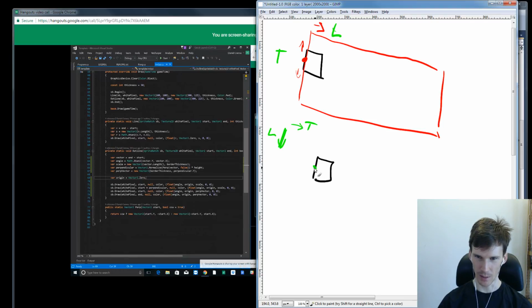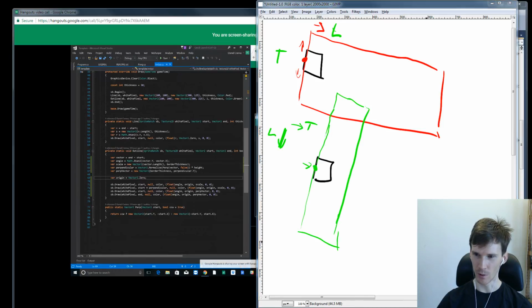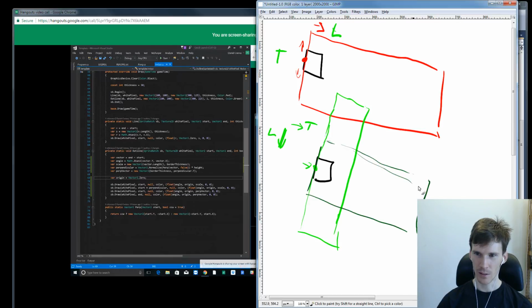And so what happens, particularly if you set an origin here, is you get length becomes like this big line there, and thickness, you get a line that's going that way, stretched from the origin here, whereas what you actually wanted was like that business. That's right.